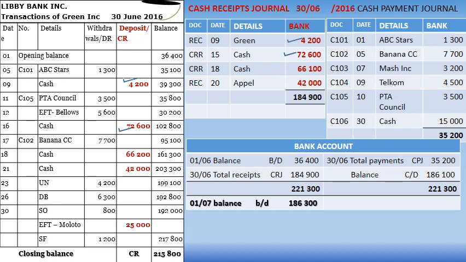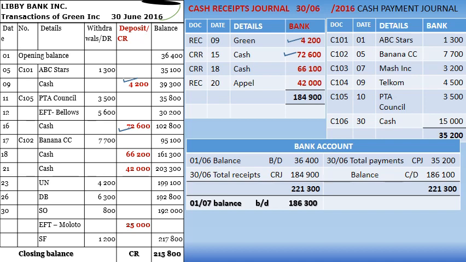On the 18th, there's a deposit of 66,100 that was made in the cash receipt journal. This deposit will be traced on the bank statement. On the 18th, there's a cash that was deposited, and the entry of the deposit recorded 166,200. The entries are not the same, therefore they will not be ticked.